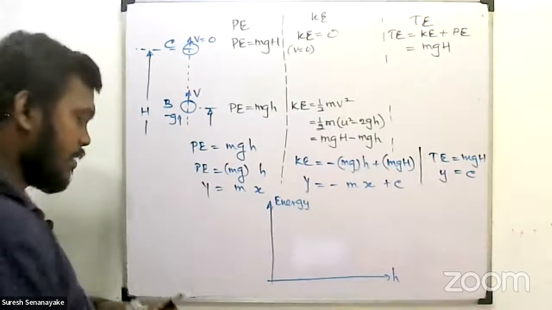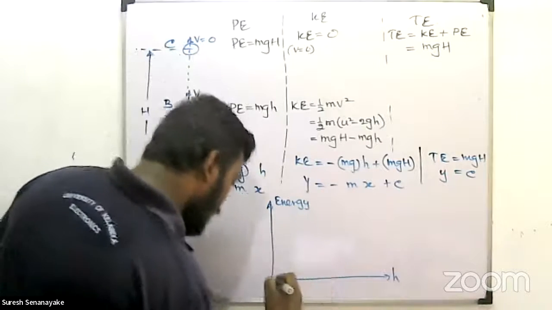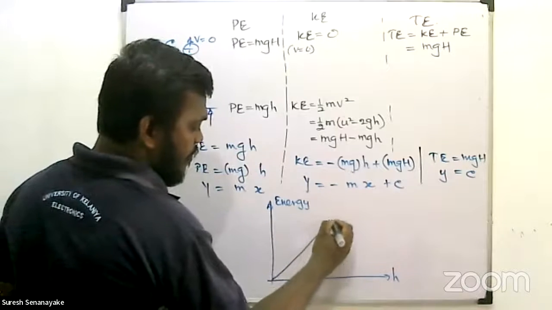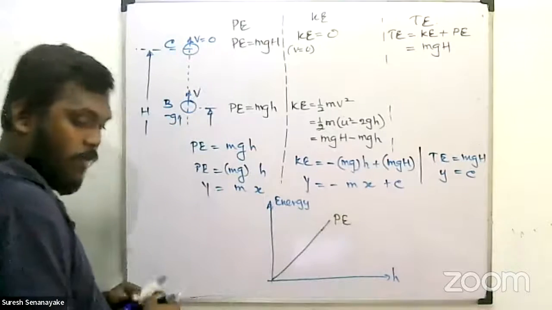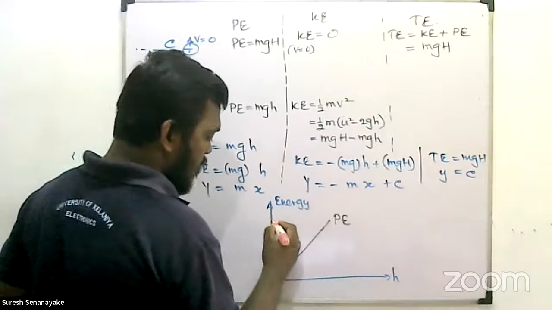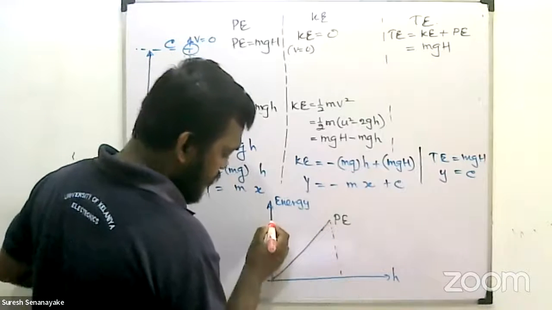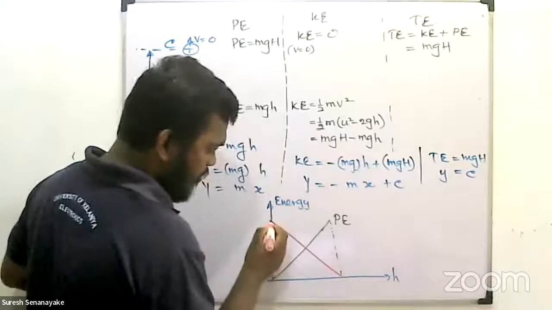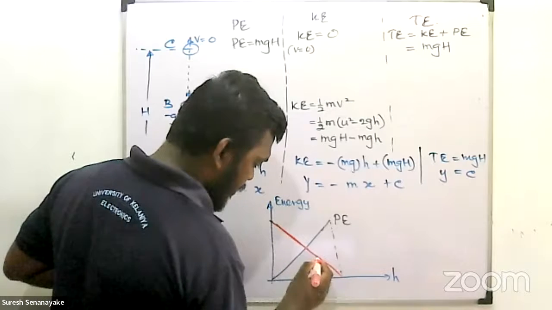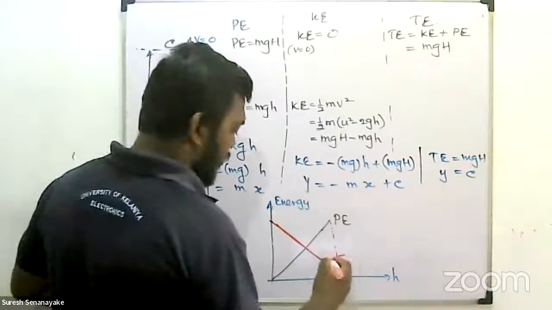You can get the potential energy graph like this, and the kinetic energy graph will be like this, y equals minus mx plus c.